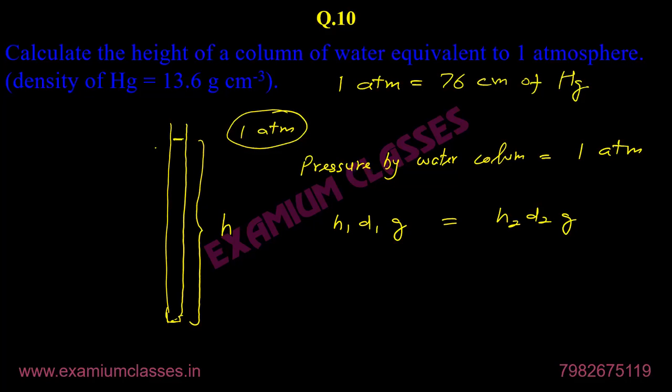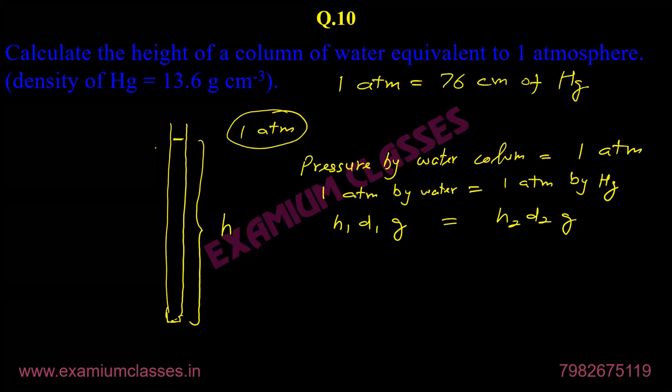Both have the same 1 atm, so 1 atm by mercury, 1 atm by water. Both pressures will be equal whether it is 1 atm by water or 1 atm by mercury. So 1 atm by water will be its height multiplied by its density and g, and 1 atm by mercury will be its height multiplied by its density and g. g will get cancelled.